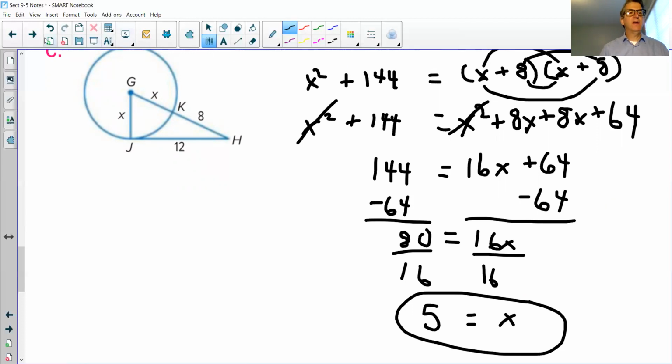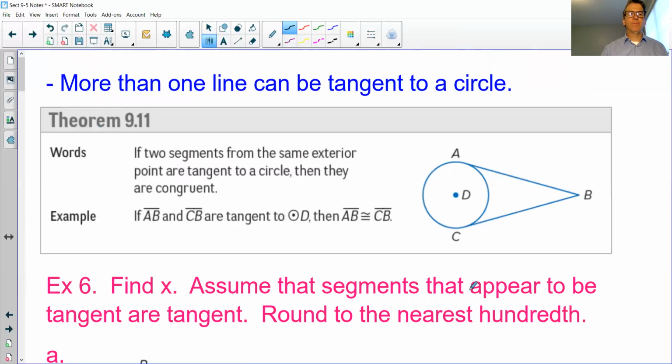Last page today of notes for tangents, section 9.5. More than one line can be tangent to a circle. If two segments from the same exterior point are tangent to a circle, then they are congruent.